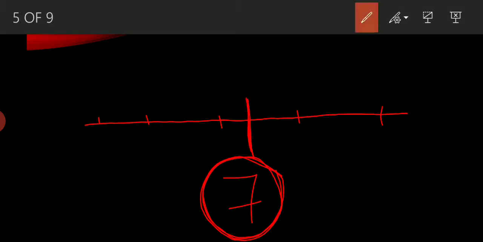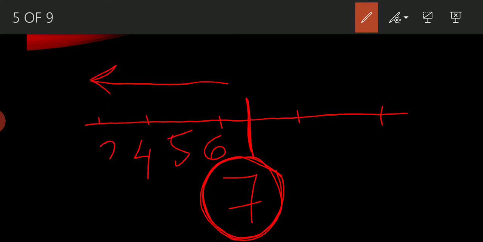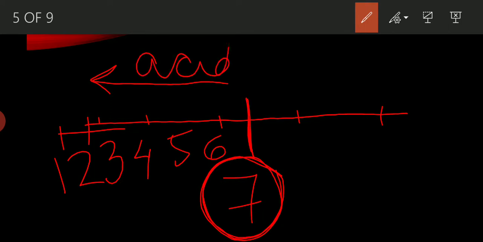See, again we know that when we move towards left from the 7, then the value decreases, right? 6, 5, 4, 3, 2, 1. That means here it represents acid.